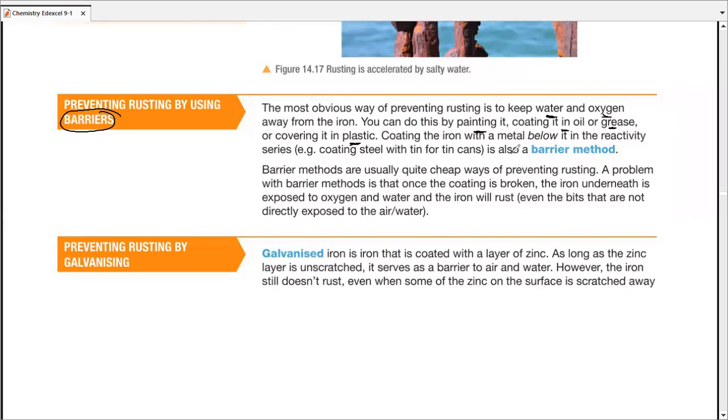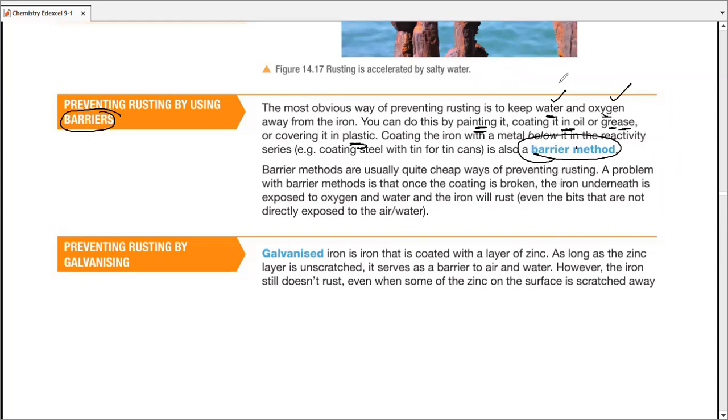These are all barrier methods. The painting layer, the oil coating, the grease coating, the plastic actually creates a barrier and does not allow water or oxygen to pass, hence keeping the iron safe. These are actually cheap ways of preventing rusting.